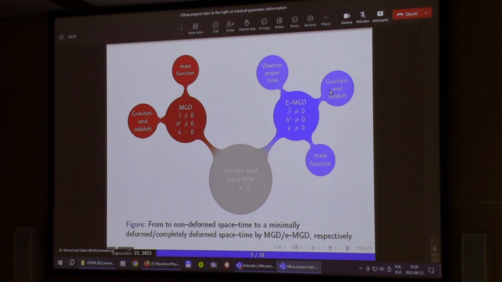But if both of these functions and also the coupling parameter are non-zero, then we name it the EMGD approach, which is the extended MGD approach. In both approaches, we calculate the mass function, then we can find the gravitational redshift and also the observable proper time.